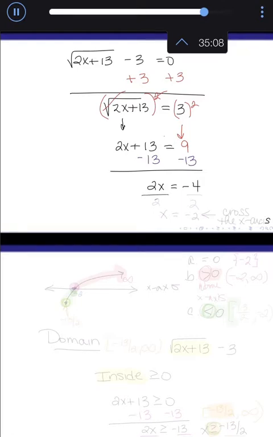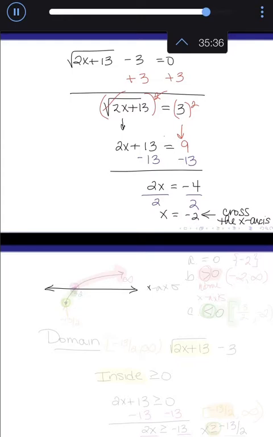Keep going. Divide both sides by 2, and that will give me that x equals -2. This is where I'm going to cross the x-axis for my graph. So continuing right along, now I have at least part of my picture filled in.